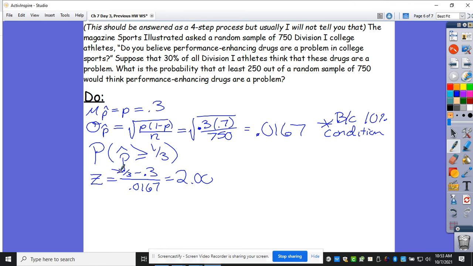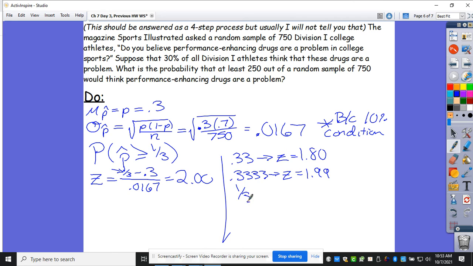All right, so let me go ahead and stop and make a point here. Is this the same as 0.33, which is the same as 0.33333? As far as writing, we're all talking about the same thing, right? So the difference between just calling it 0.33, you get a z-score of what? 1.8. If you do it all the way to 4 decimals, you get 1.99. If you do it as 1/3 plugged in there, are these really far away?